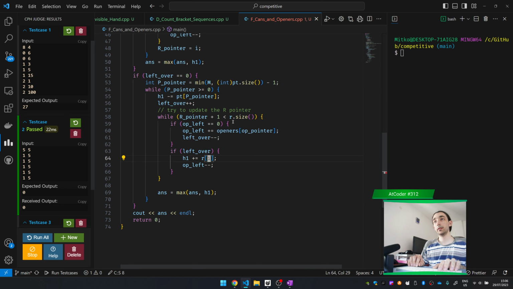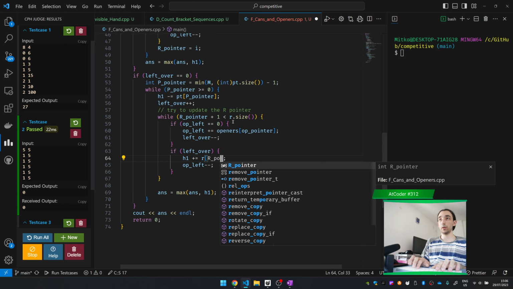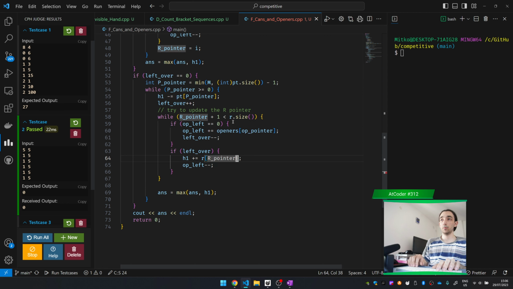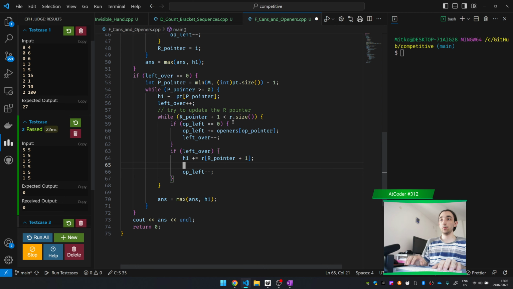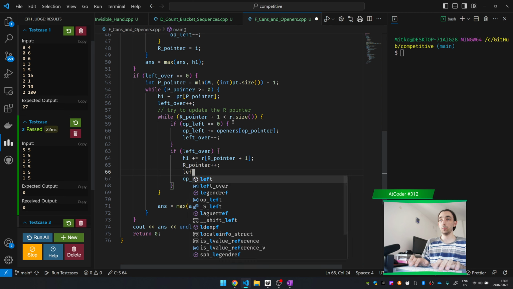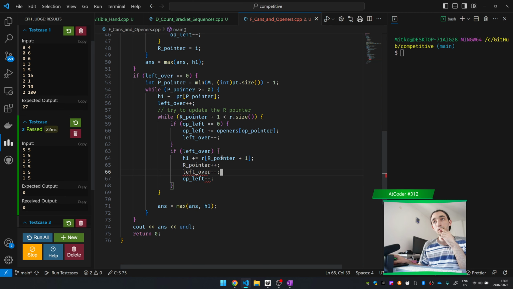And then if it's leftover, what I will do is get the R pointer here plus 1, and then R pointer plus plus, and leftover minus 1. So it's leftover minus minus, R pointer plus plus, OP left minus minus.